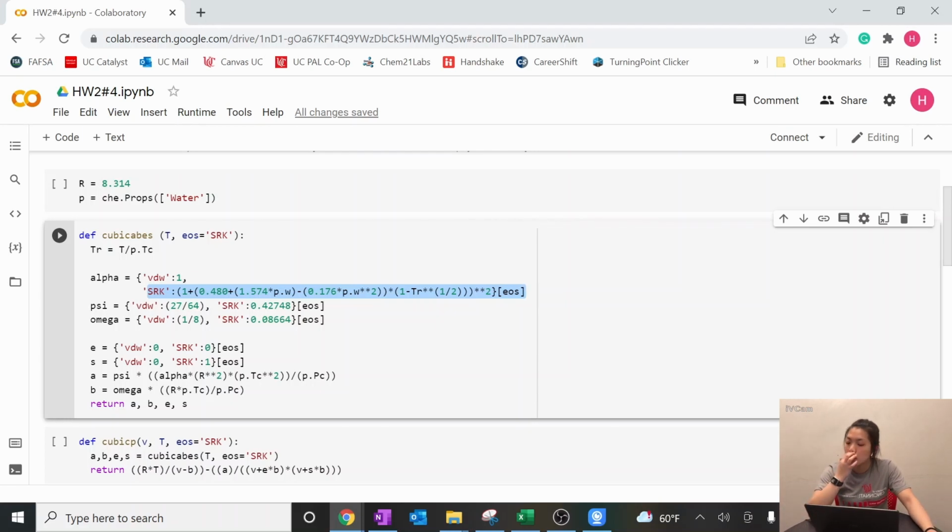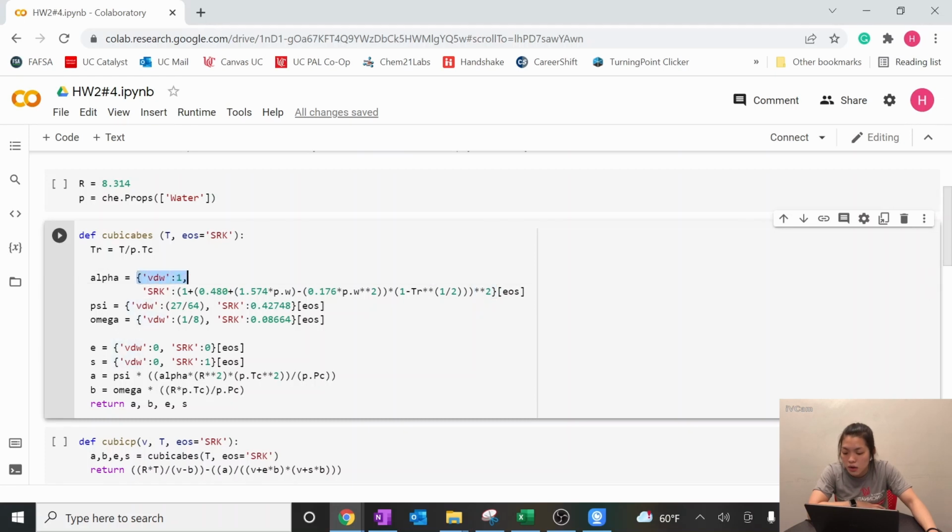Anyways, it was 1.574 multiplied by the eccentric factor minus 0.176 multiplied by the eccentric factor squared, times 1 minus the reduced temperature to the 1/2, and this whole quantity was squared. The reduced temperature, or any reduced term like reduced pressure or reduced volume, is just the temperature divided by the critical temperature. So for pressure, it would be the pressure divided by the critical pressure.